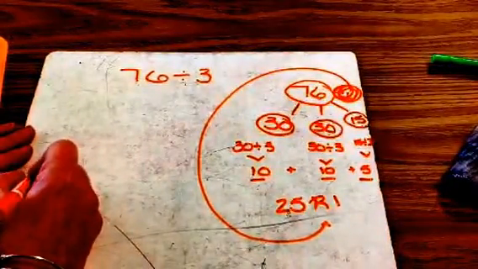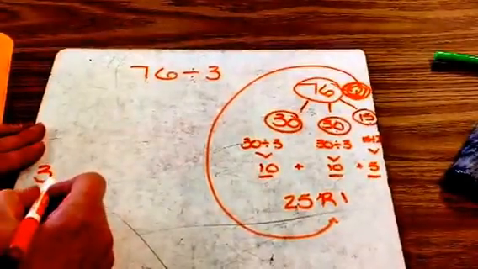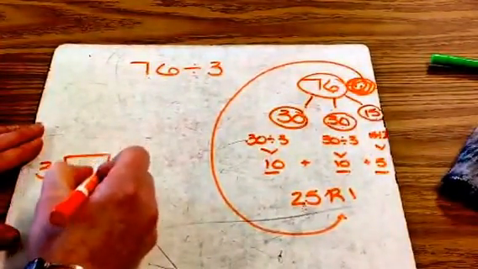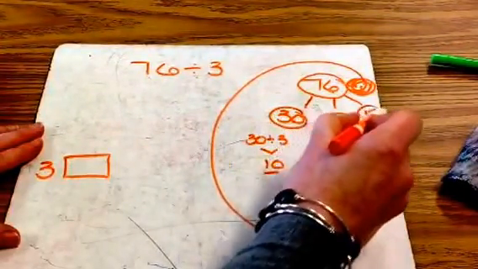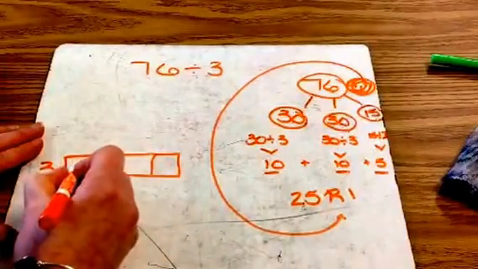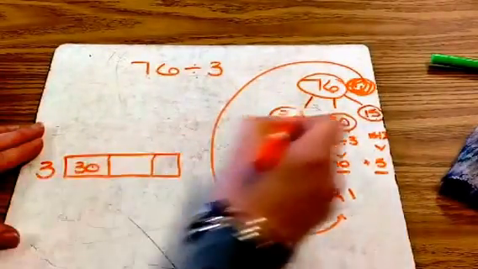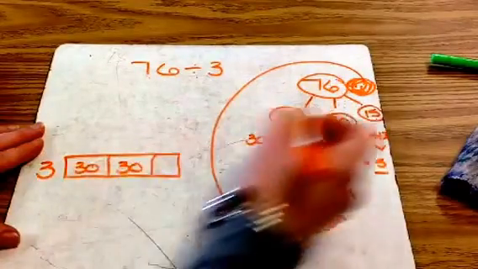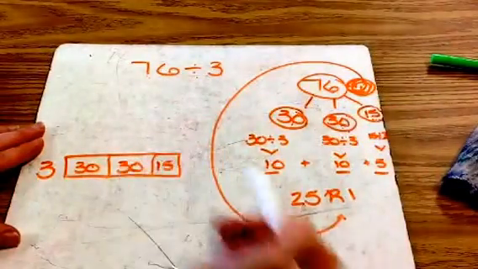Area model would look something like this. 3 is my common divisor. And I had 1, 2, 3 groups. So I should have 1, 2, 3 groups. 30, 30, 15.